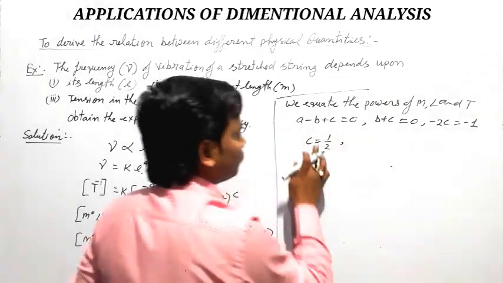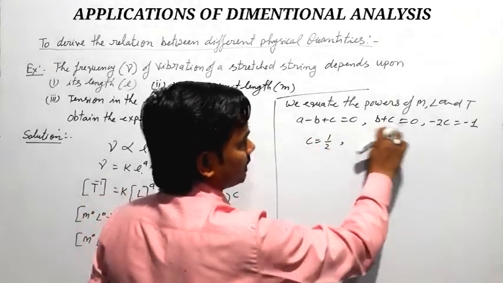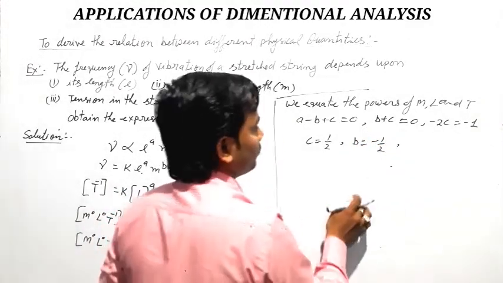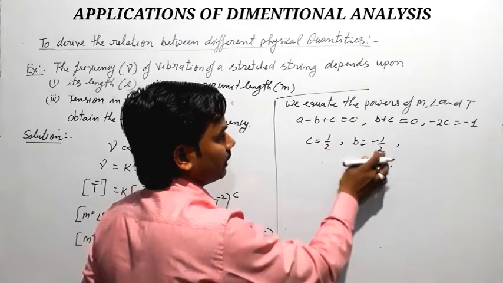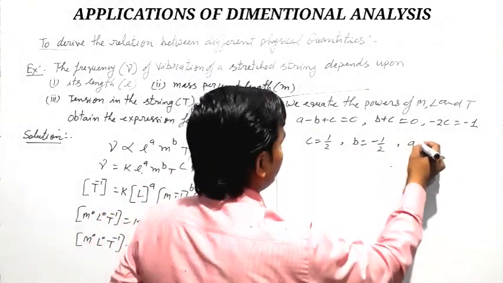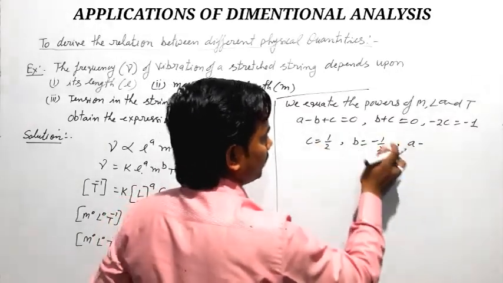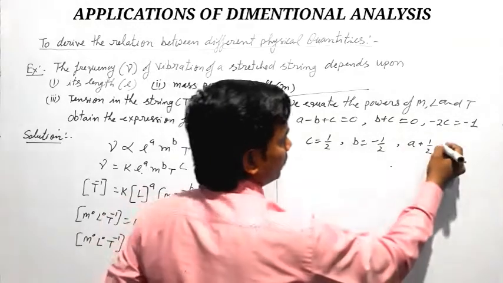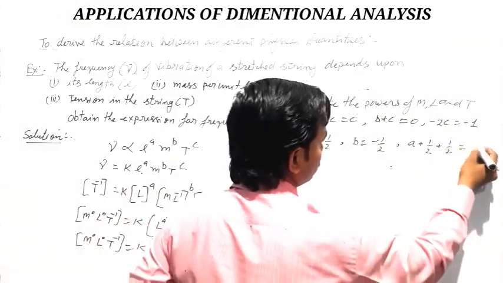Now we will put the value of c in this equation, then b becomes minus 1 by 2, and we will put the values of c and b in the first equation. So we will write a minus, the value of b is minus 1 by 2, so minus minus becomes plus 1 by 2, and the value of c is 1 by 2, so a plus 1 by 2 plus 1 by 2 equals 0.